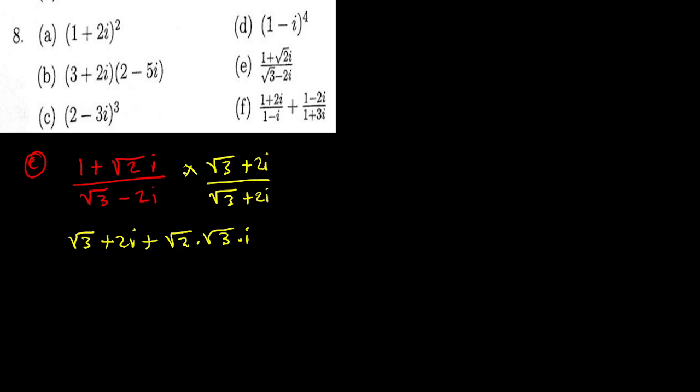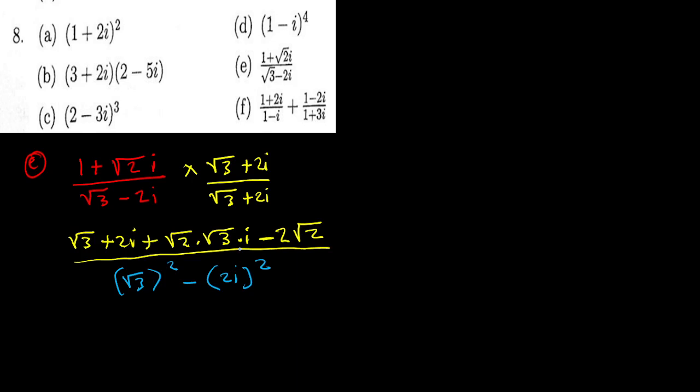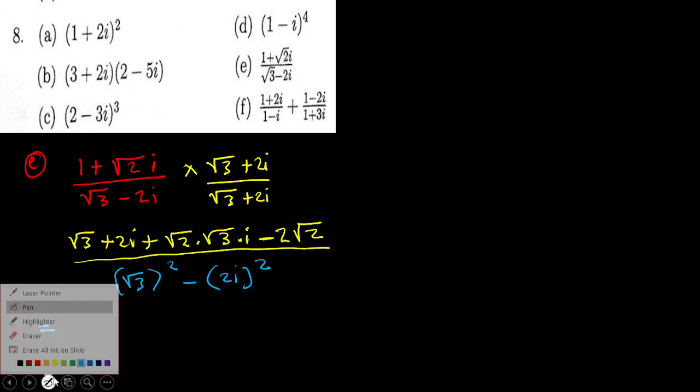Then this times that, i squared is minus, and then 2 will still be there, and then square root 2 will be inside. Then this will be over. You know this is a difference of two squares, so I'll change the color, which will be blue. So this is a difference of two squares, so you're going to say square root 3 squared minus 2i squared. So take note of that. Then from this stage, I can easily pick it up.